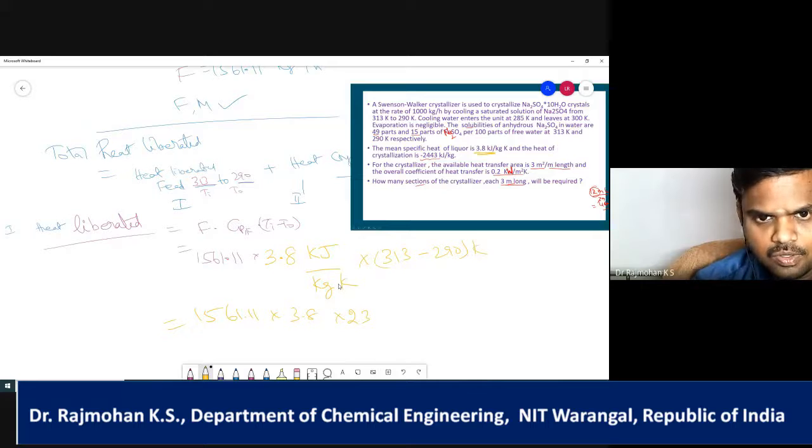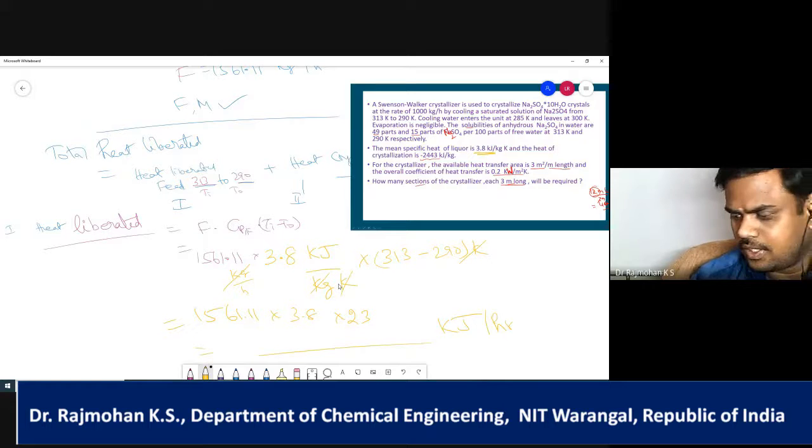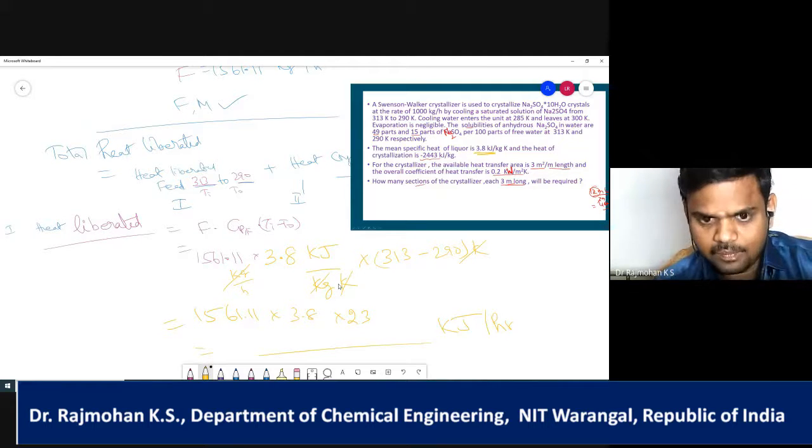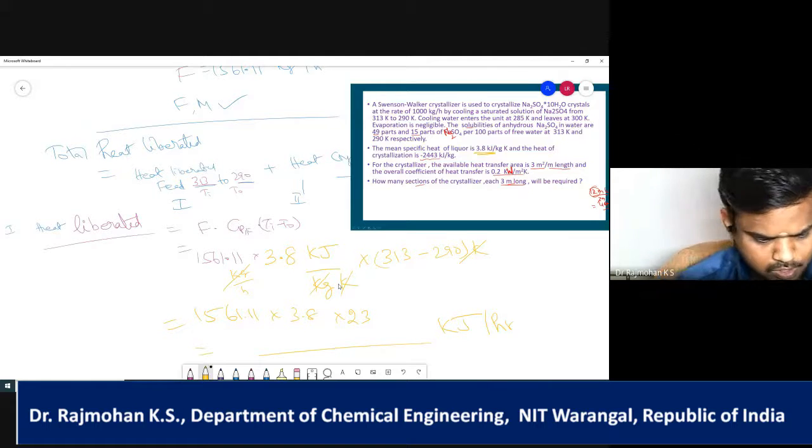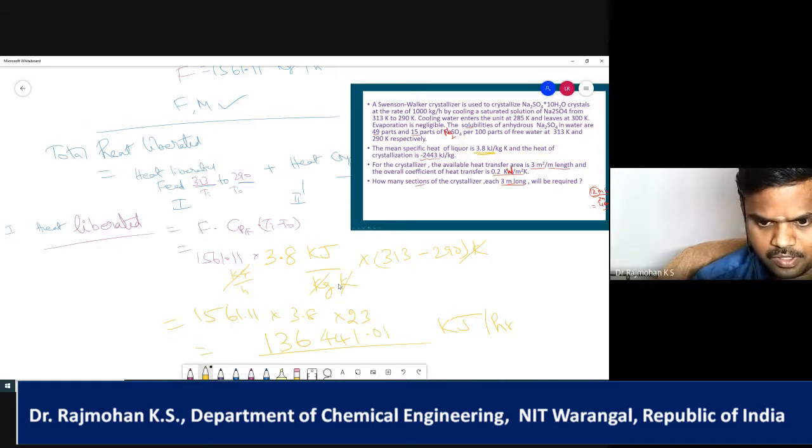1561 is kg per hour, so kg gets cancelled, Kelvin gets cancelled, and we get this much kilojoule per hour. What is the value? Please use your calculator. 1561.11 into 3.8 into 23 equals 136441.01, whatever it is.